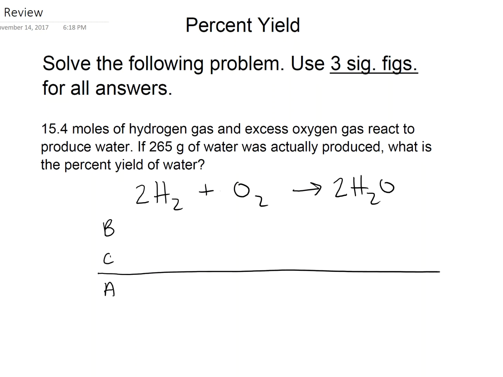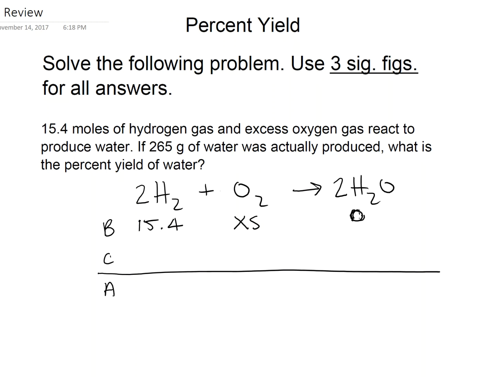And as always, we start by filling in our BCA table with the numbers given to us in the problem. It says we have 15.4 moles of hydrogen gas and excess oxygen gas to begin with. We know that our products always start as 0.